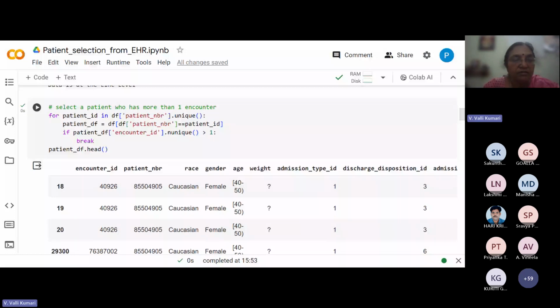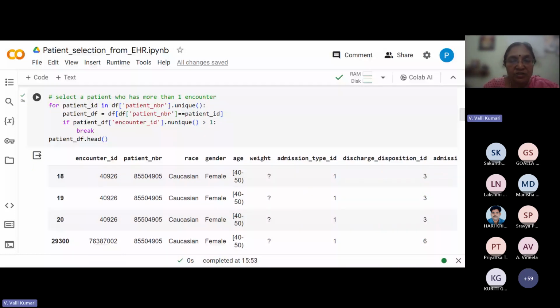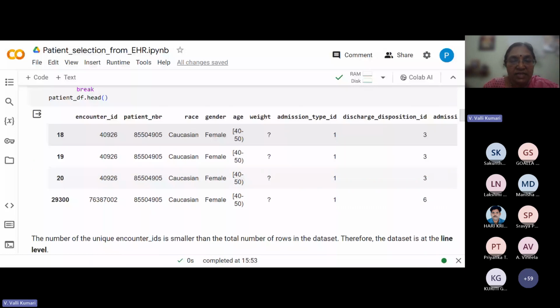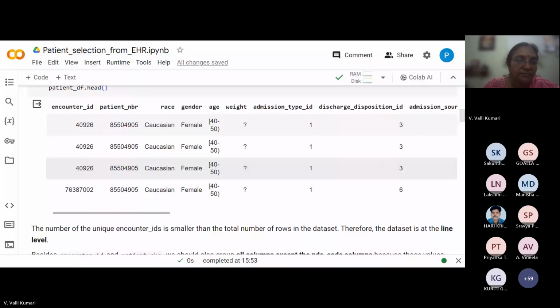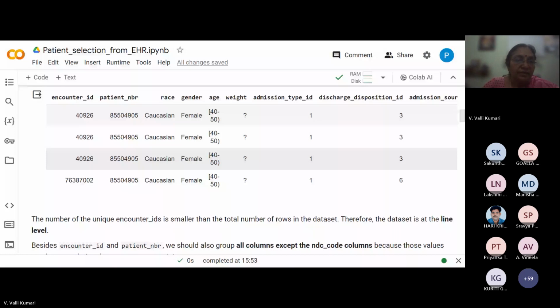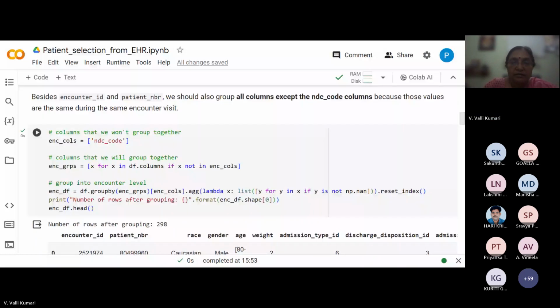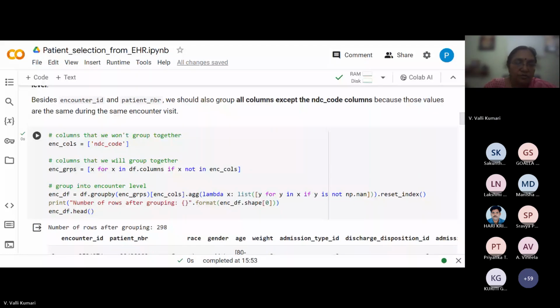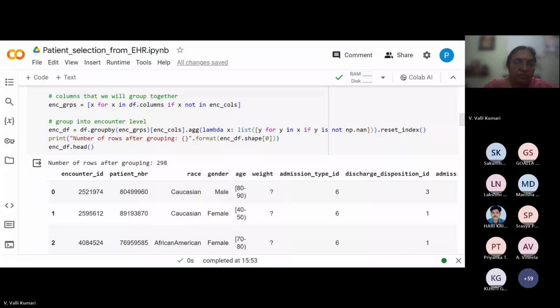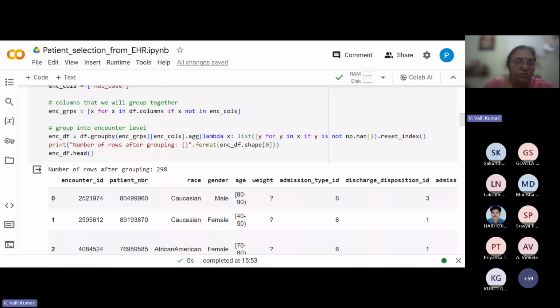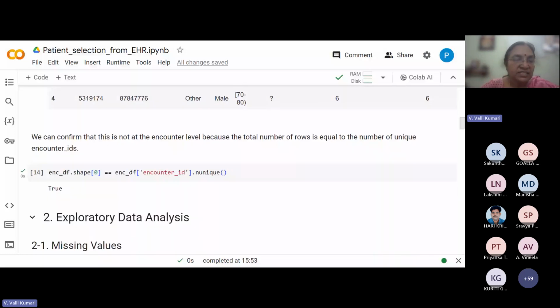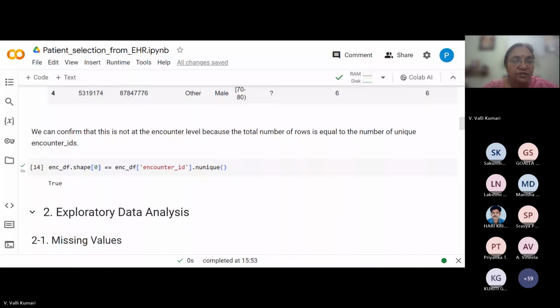So then we have a few patients whose age is in this range and are females. And this is all from that electronic health record. Yeah, so then we group because we need to check which drug is administered and all the stuff.